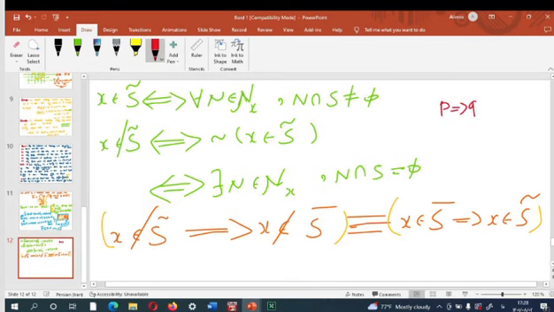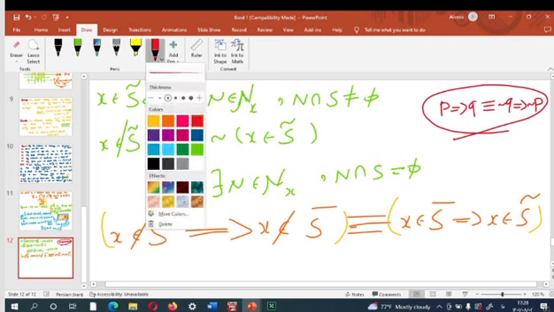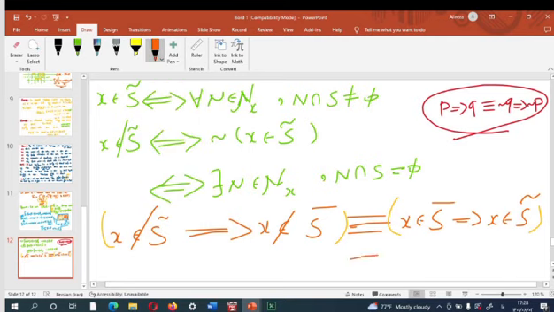This implication is equal to that S bar is a subset of S tilde.